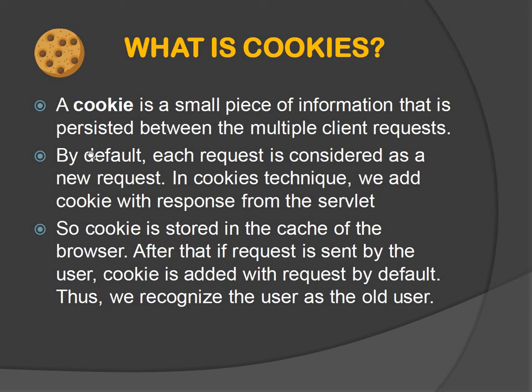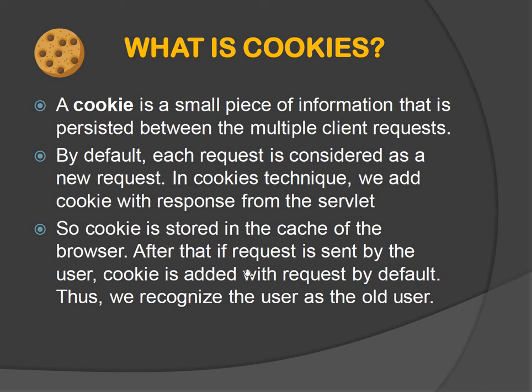When the user visits the website, that data will be stored in cookies. When the user visits another time, they are considered an old user. Cookies are stored in the cache of the browser.